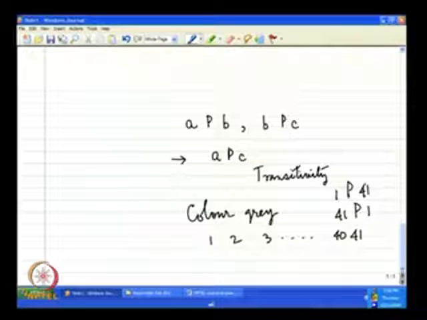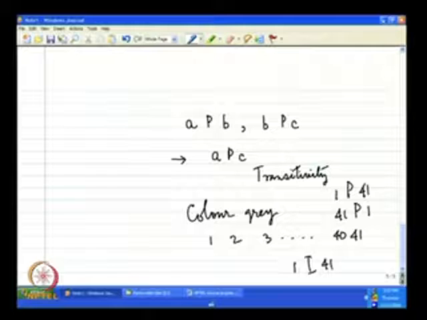So if I like the dark color better and 1 is darker than the 41st shade of gray, then the person may choose 1. Or if he likes the lighter shade, then he will just say that I like the 41st shade more than the first shade. So these are examples, and there are other examples also, where transitivity is violated.